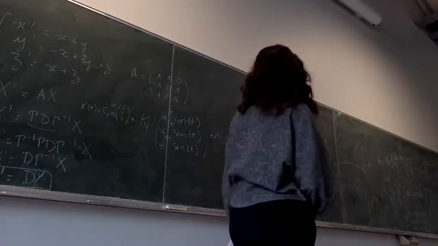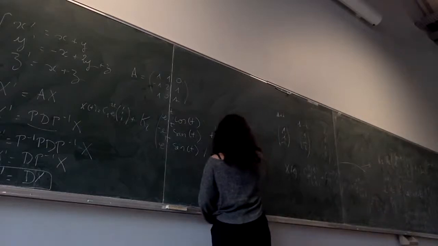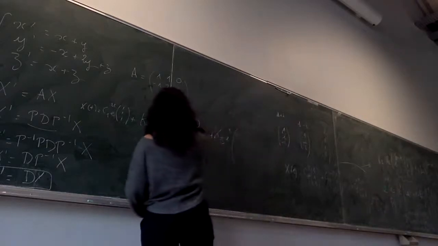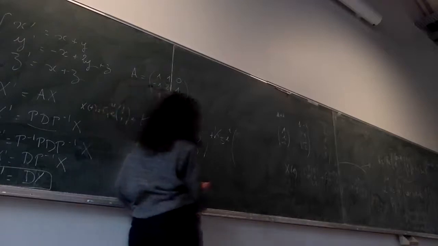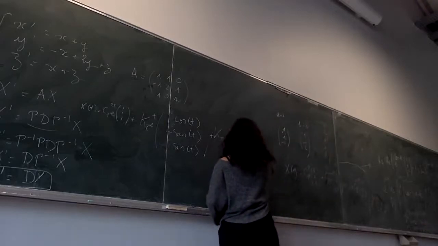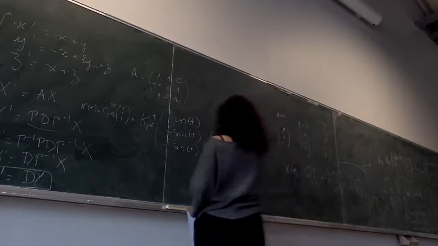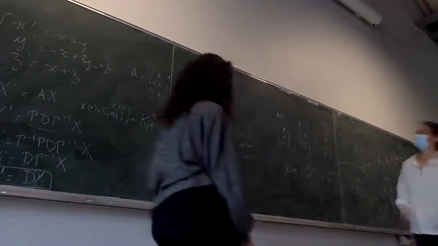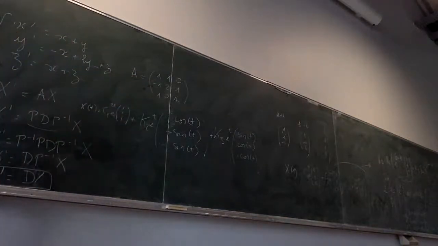K3 times the imaginary part of this. We can factor with exponential of t. And so we have sine t, cos t, and minus cos t. Okay, so that's right. So if we're looking for x of t, it's just going to be the first row of that, y of t the second row, and z of t the third row of this.